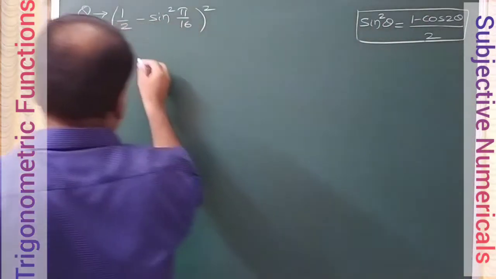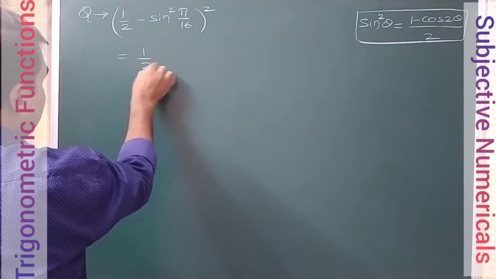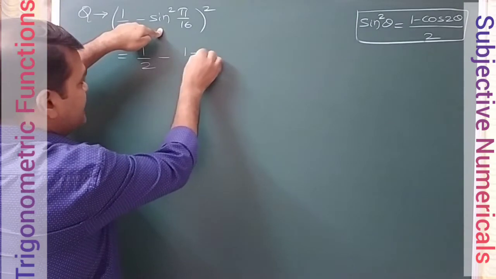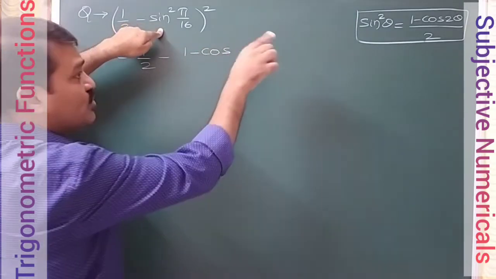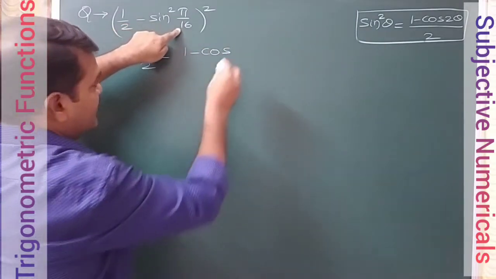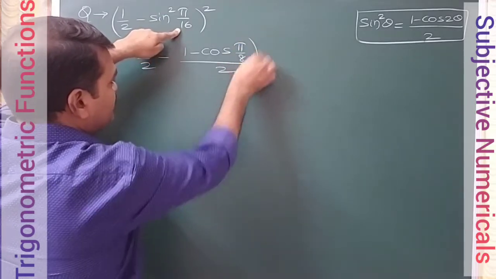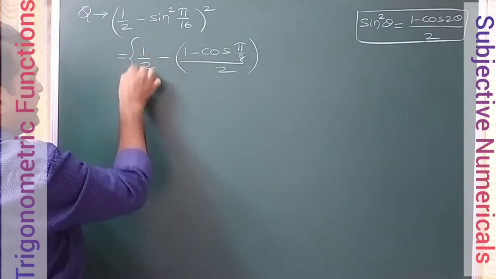So applying the formula, we will get 1 by 2 minus sin square theta written as 1 minus cos 2 theta, means twice of this, pi by 8 by 2. Okay, and whole square is there.